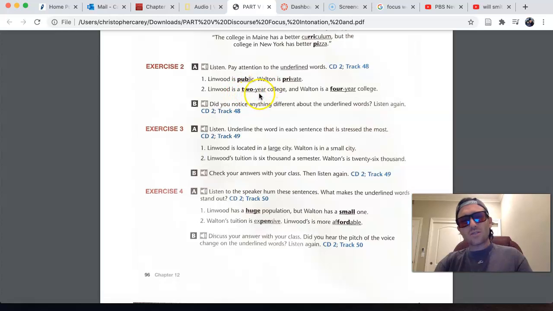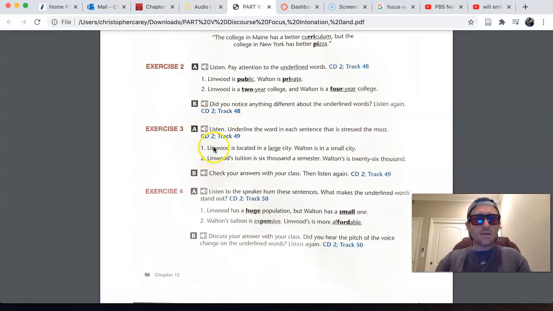So we stress content words because they provide us information. And remember, with nouns, more often than not, we stress the first syllable, right? And in adjectives as well. First syllable in nouns and adjectives usually is the strong syllable.